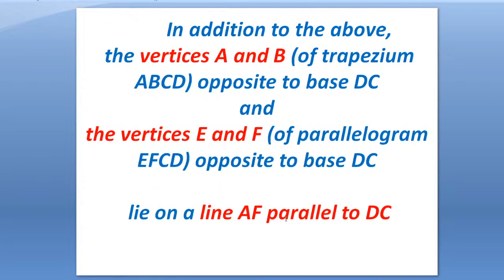Now, in addition to the above, the vertices A and B of trapezium ABCD opposite to the base DC and vertices E and F of parallelogram EFCD opposite to base DC lie on a line AF which is parallel to DC. This is important.